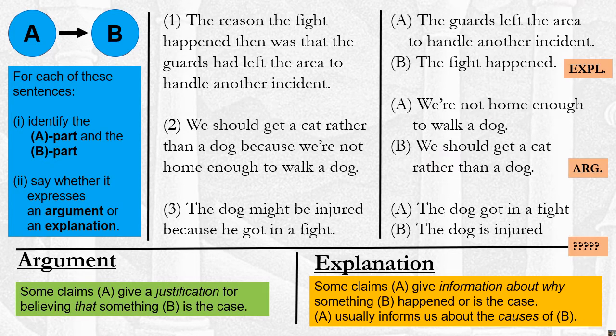Okay, here are the correct answers. So the first is pretty clearly an explanation, and here's the A part and the B part listed on the slide. The second is pretty clearly an argument, and here's the A part and the B part. One of the clues that this is an argument is the word "should" that shows up in what ends up being the conclusion here, or the B part.